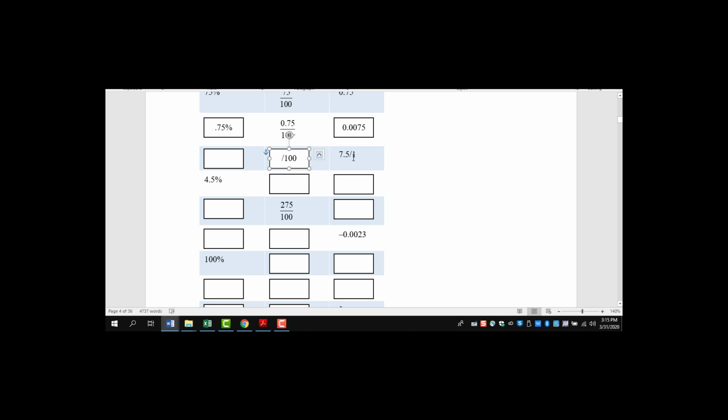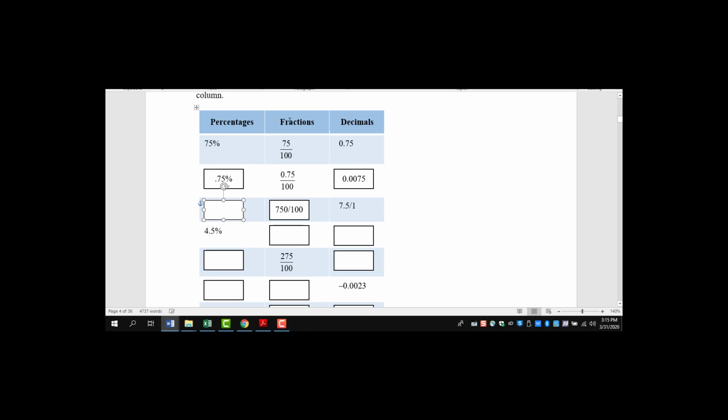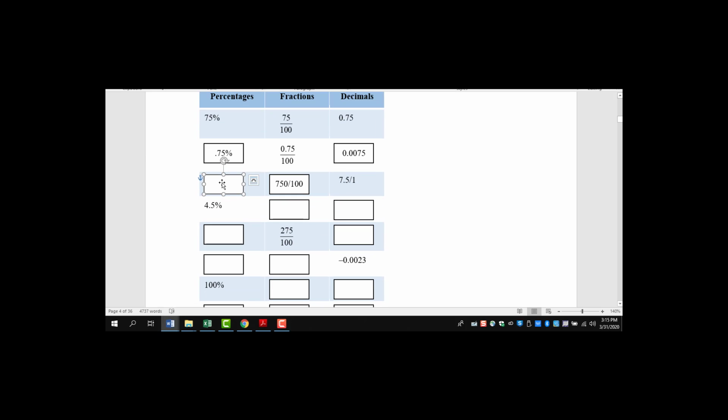So multiply 1 by 100, you'd have to multiply 7.5 by 100, and you're going to get 750. That's the fraction. As the percentage, that's 750%. Yes, you can have 750% of some things.